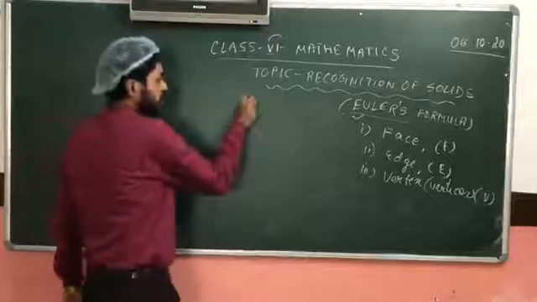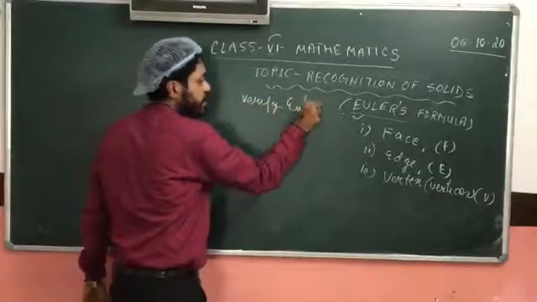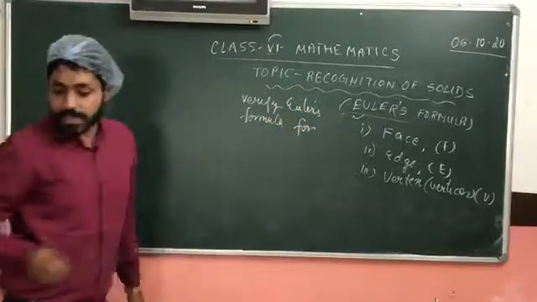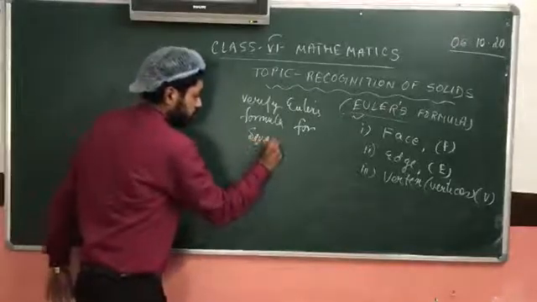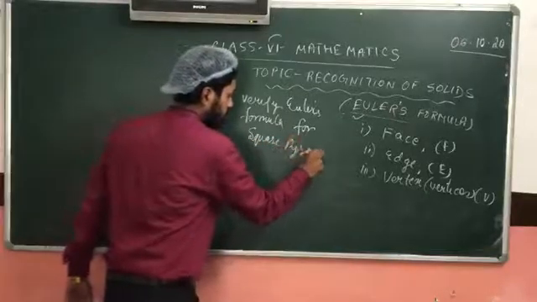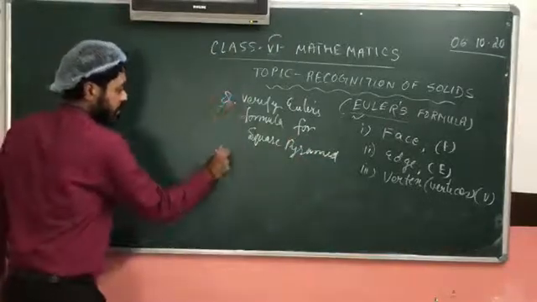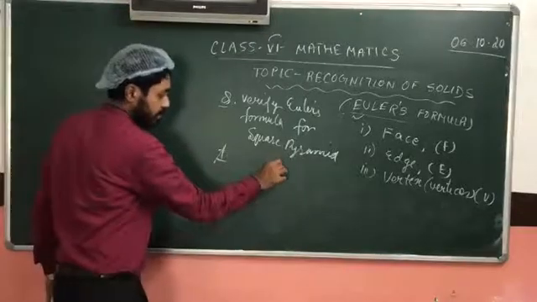So for example, in your question paper it comes: verify Euler's formula for, say, a square pyramid. If this is the question in your exam, what are you going to write? You will first draw the square pyramid.